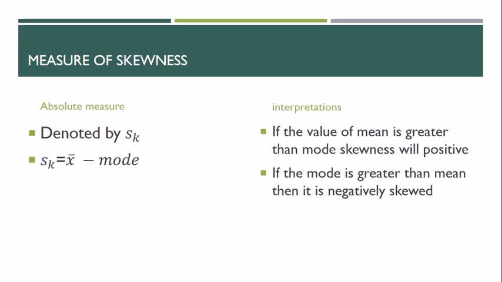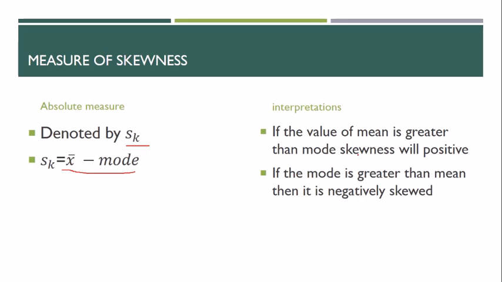So there are certain formulas or measures regarding skewness that you would have to study. The first measure is the absolute measure, denoted by Sk, and the formula is x bar minus mode.